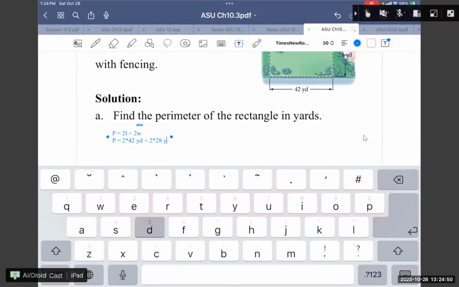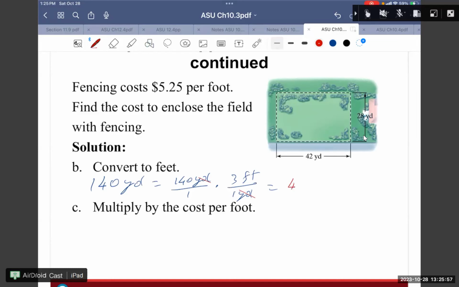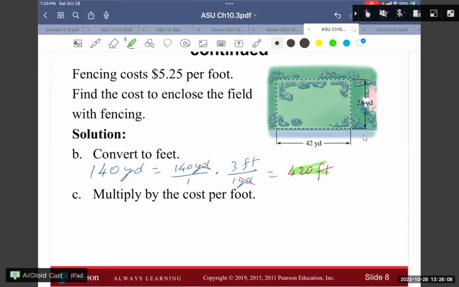You see the yards cancel because they want feet. So here we have 420 feet. Then multiply by the cost per foot.